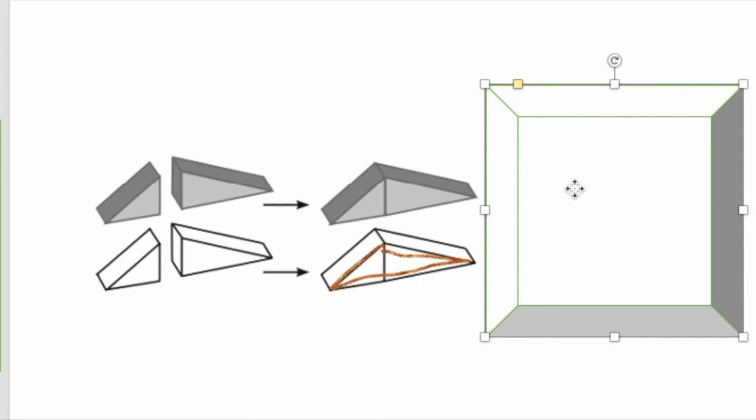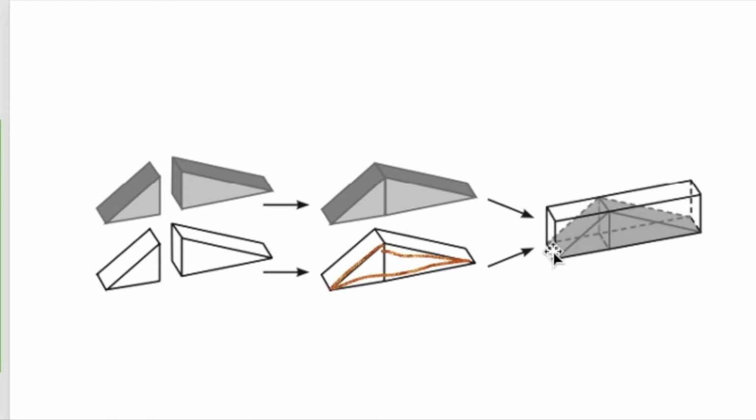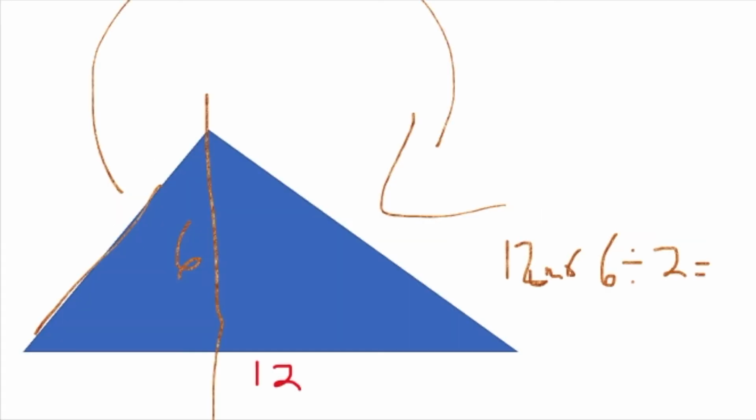On the other side here, I'm just going to pop the white triangles on top of the gray prism, and I can make that rectangle. It proves that these 2 triangles have the same volume. So triangular prisms can be joined together into a larger triangular prism and then combined to form a rectangular prism. The formula would still be the same, but we would take the height from here, just like we would back in our non-right angle triangles.